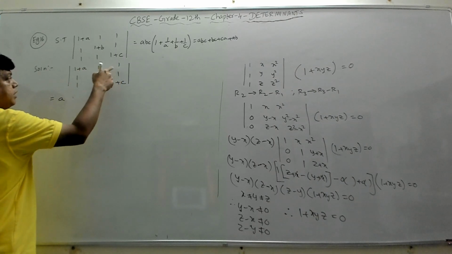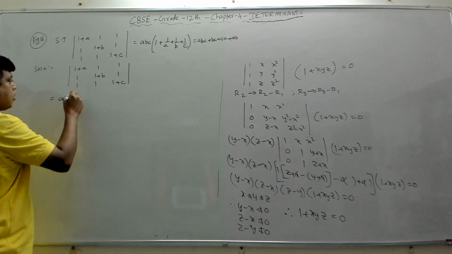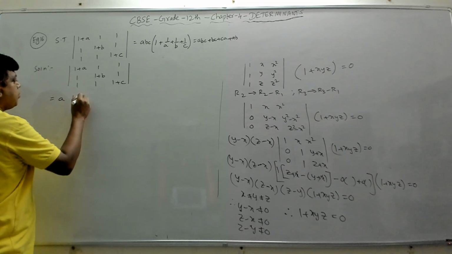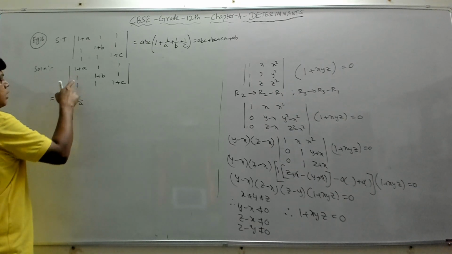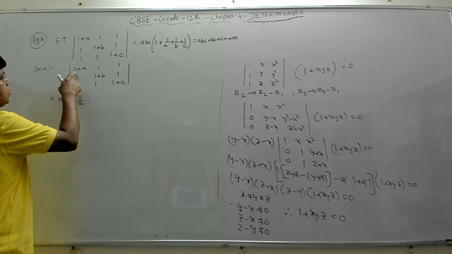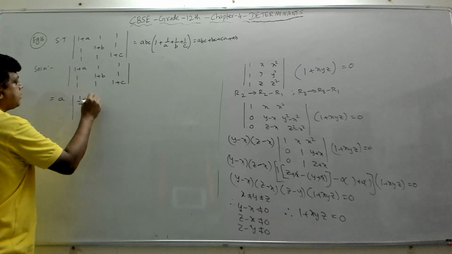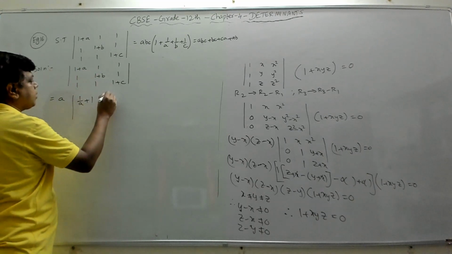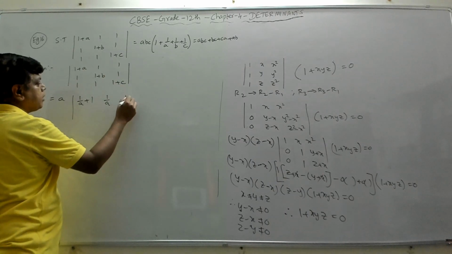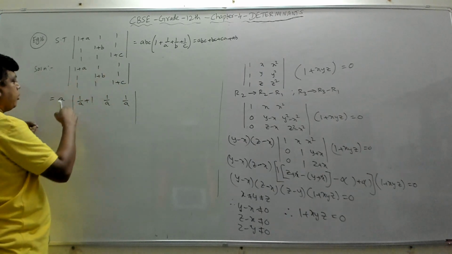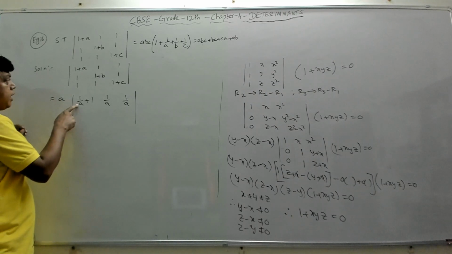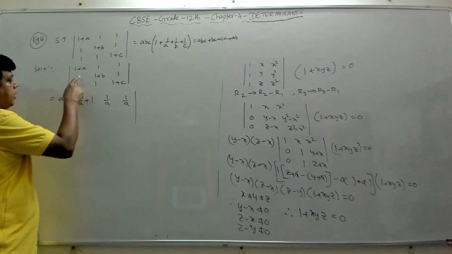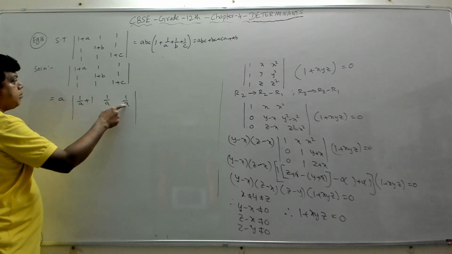Though a is not in each element of the row, I am still taking it out. So this 1 will become 1 by a, and a into 1 by a will give me 1. Again a is there, so a is taken out, it will become 1. This 1 will become 1 by a. This 1 will become 1 by a. Why have I taken a out? Now if you multiply a into 1 by a, 1, a into 1, a into 1 by a, 1, a into 1 by a, 1.